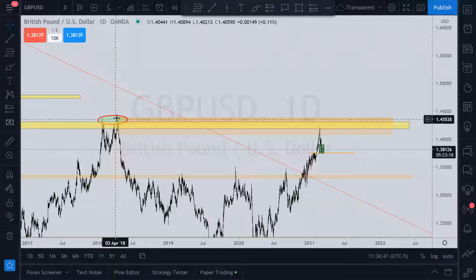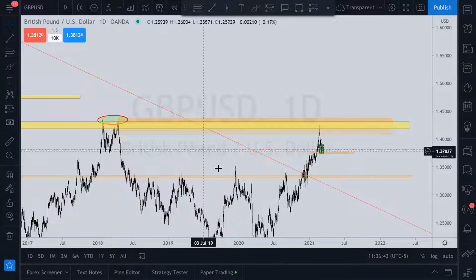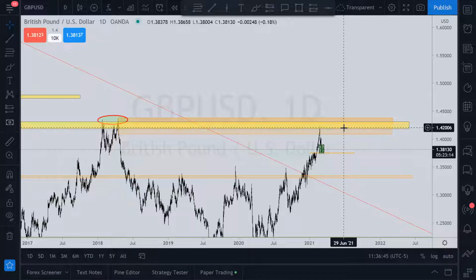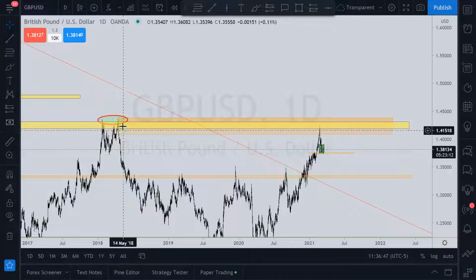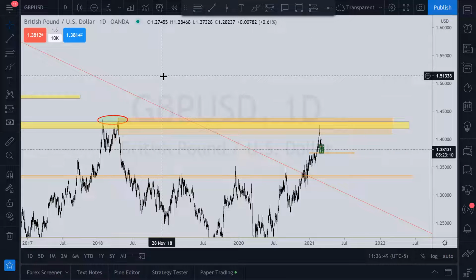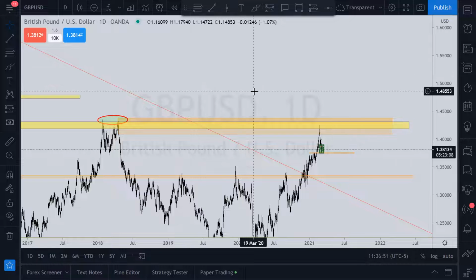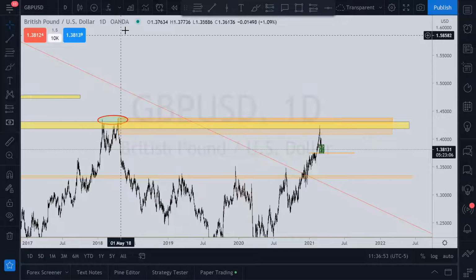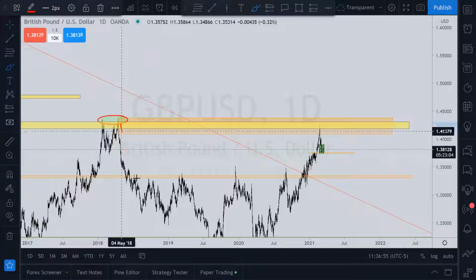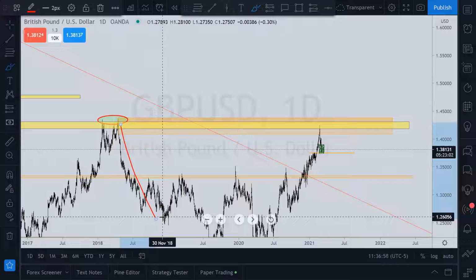Now, when I start to see multiple tests of a supply zone or a demand zone, I look for a weakening of the reaction. With a reaction like we have here, I'm looking for at least 60 to 70% of that.